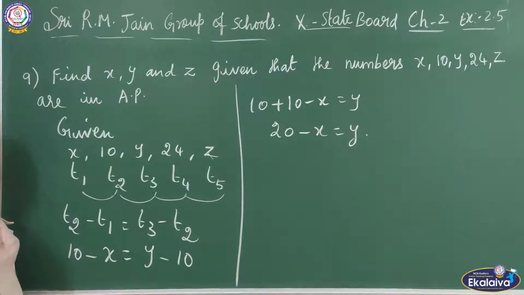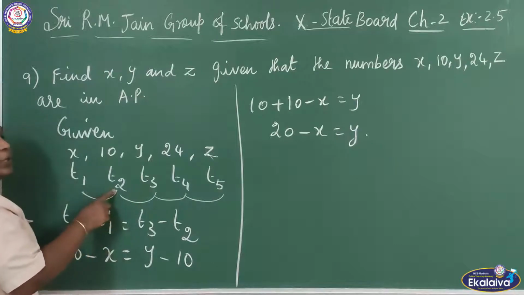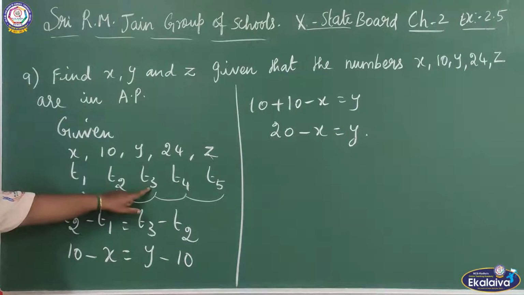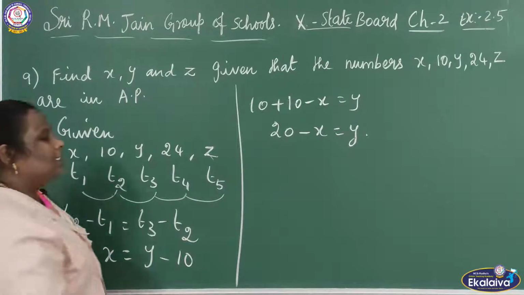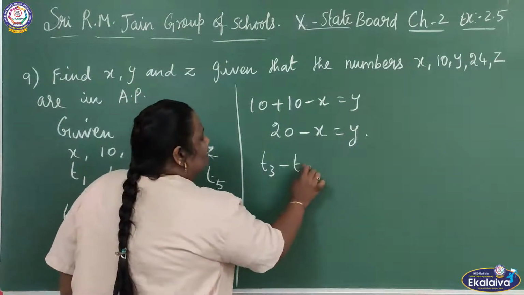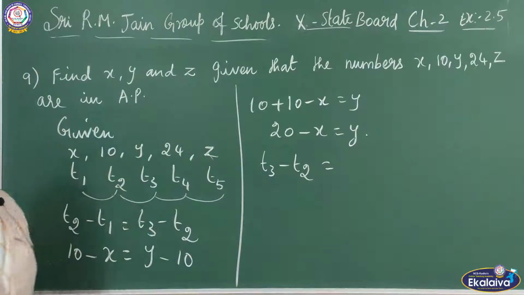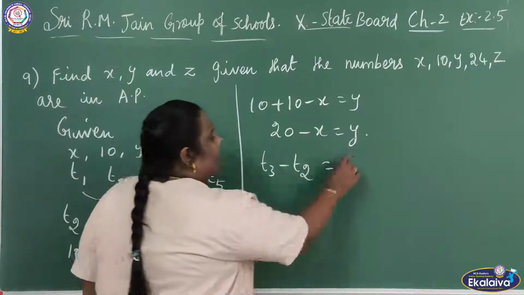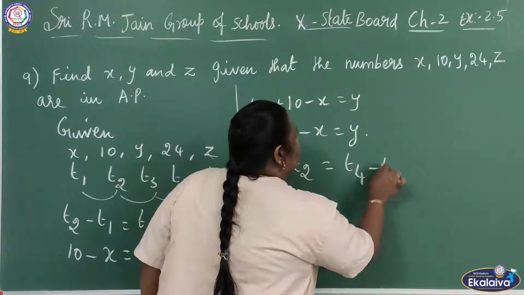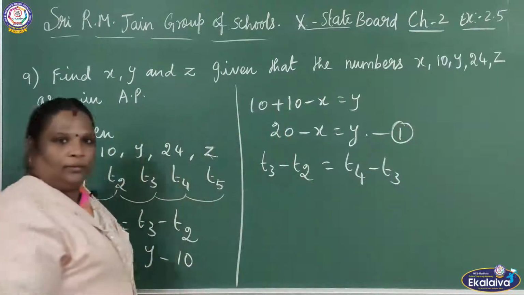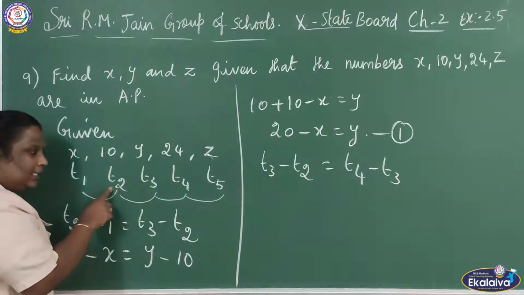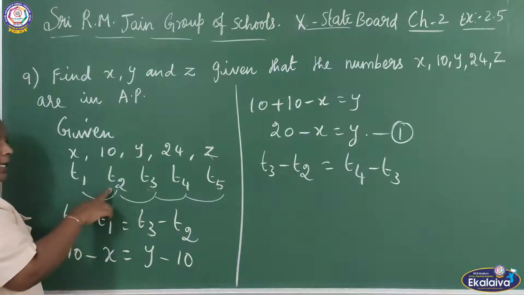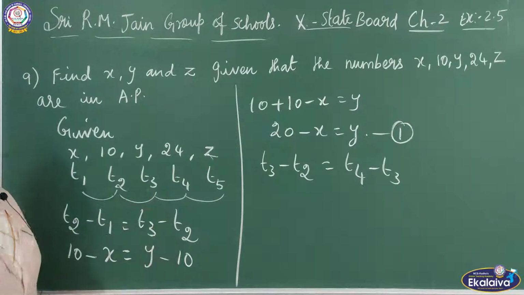Next, you can take T3 minus T2 equal to T4 minus T3, because the differences are the same.